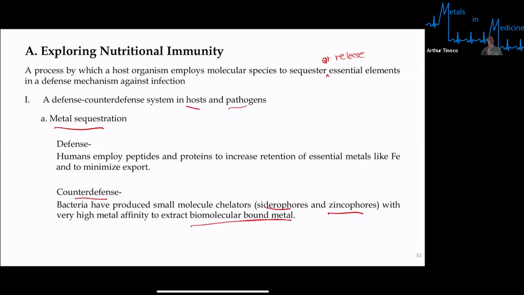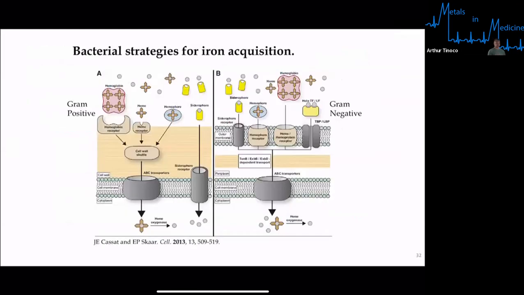Okay, so that's how bacteria have evolved to try to fight back to be able to assess the metal. In addition, you also see a number of bacteria being able to use or express proteins that can recognize iron bound to biomolecules that are produced in the actual human system. So you have the example of being able to bind hemoglobin directly.